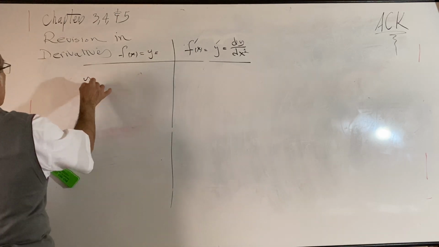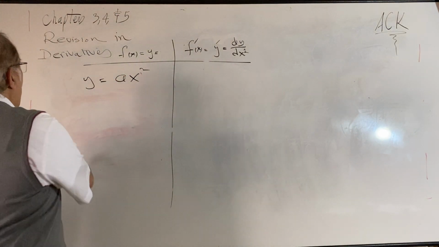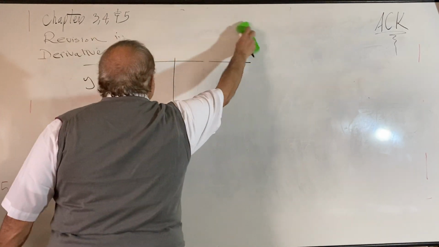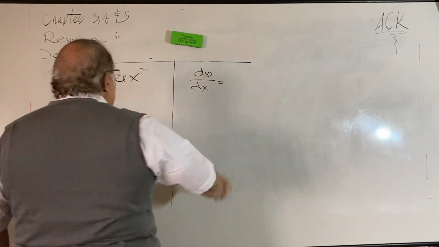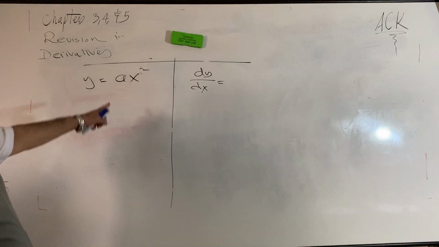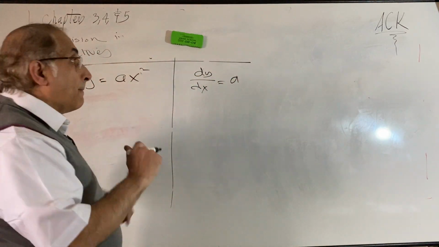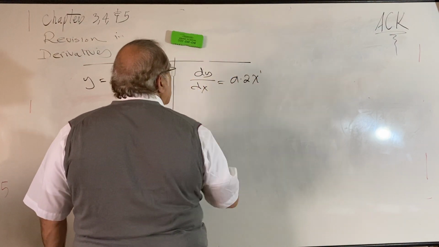For example, y equals a x squared. If I'm looking for dy/dx, I need to find the derivative of y with respect to x. The a is a constant, so it stays. But the x squared, you bring the power down. So it's simpler.